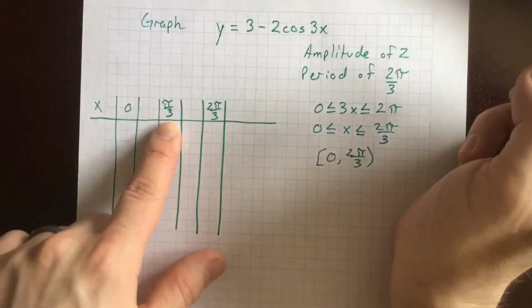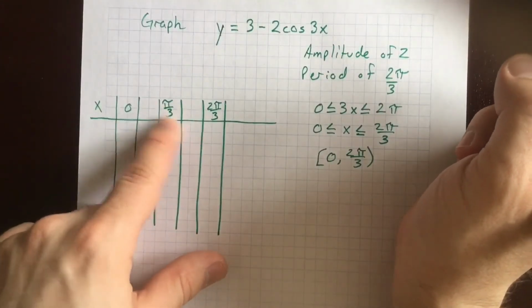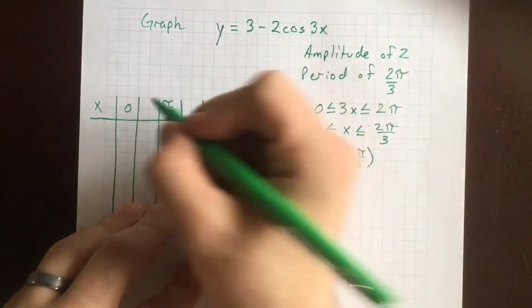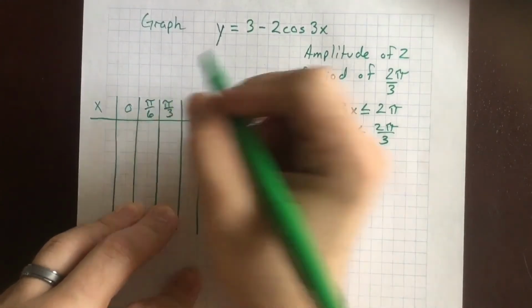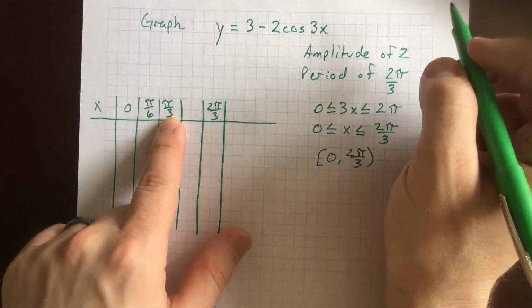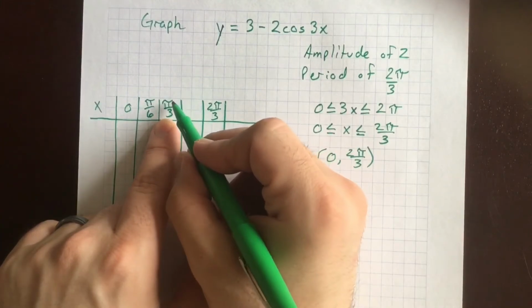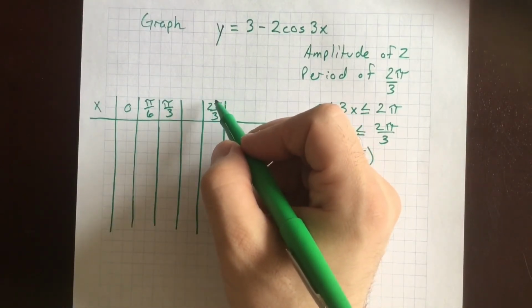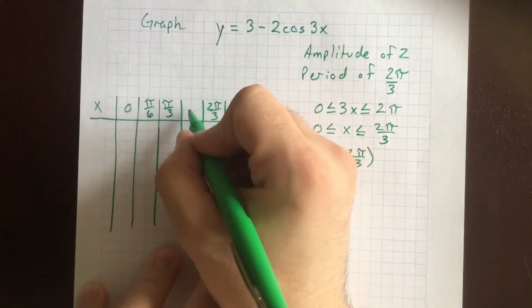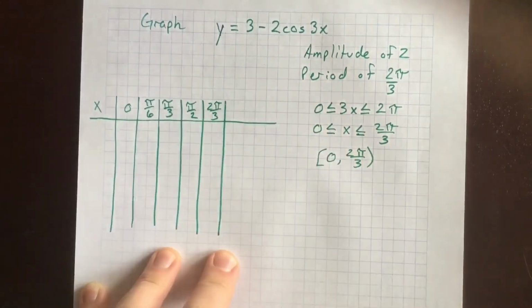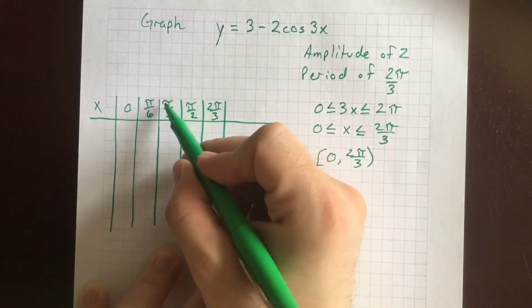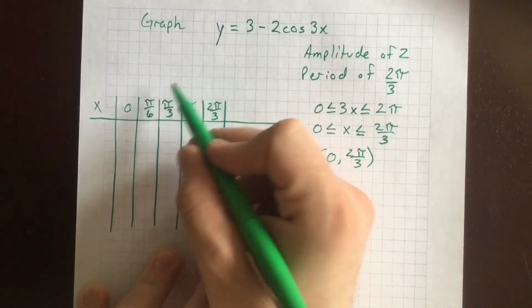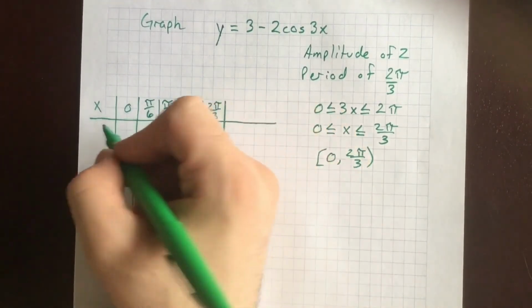Then halfway between 0 and pi over 3 is pi over 6. And pi over 3 plus 2 pi over 3 is 3 pi over 3, or just pi. We divide that by 2, so pi over 2.